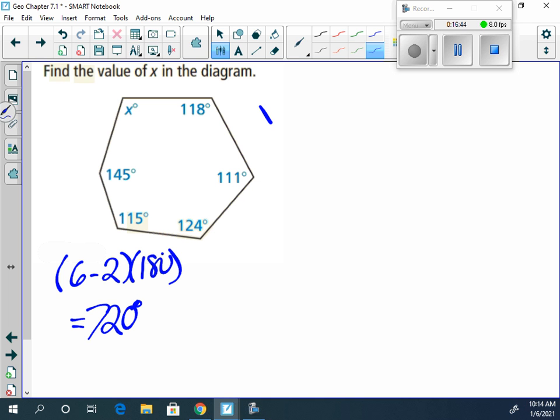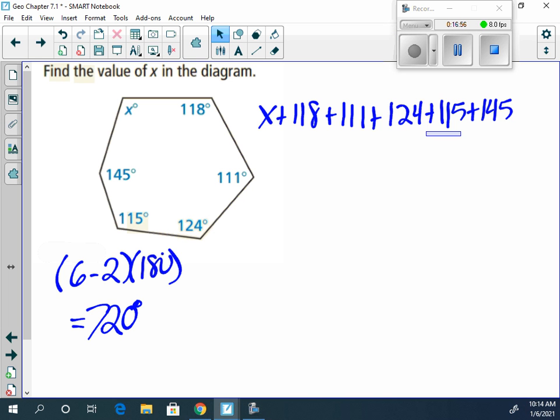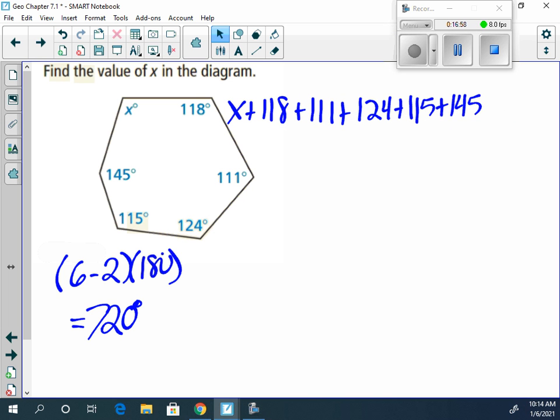So here we'd have x plus 118 plus 111 plus 124 plus 115 plus 145 is equal to 720, because all those angles added together is equal to 720 degrees.